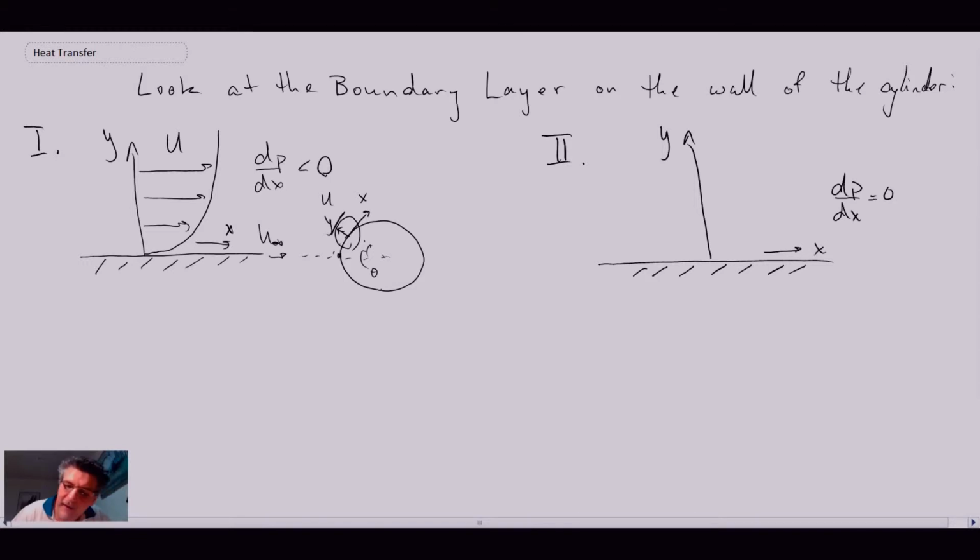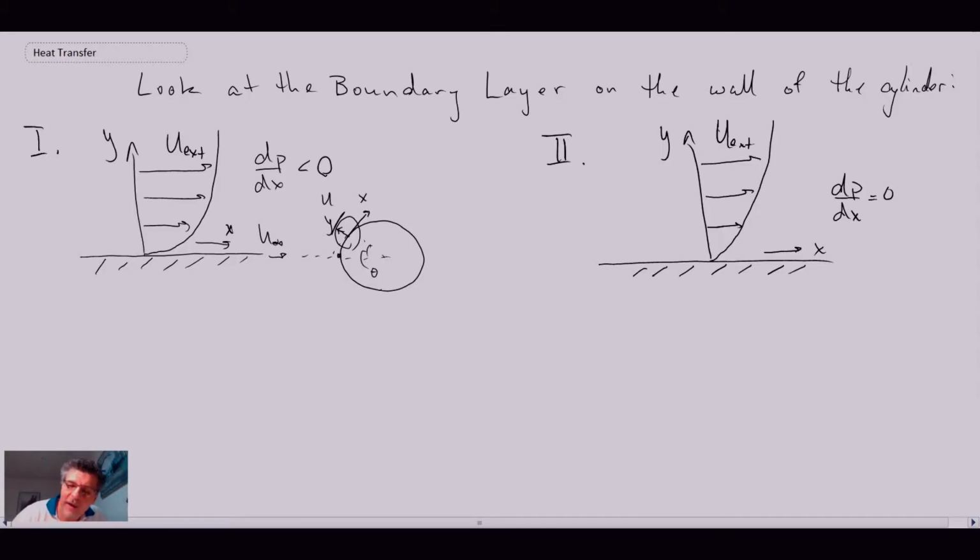I should have drawn x there. And our boundary layer is going to look a little bit different. It might start to look something like this, and then that would be U external. So that's the case where we have no change in the pressure as the flow is going along.